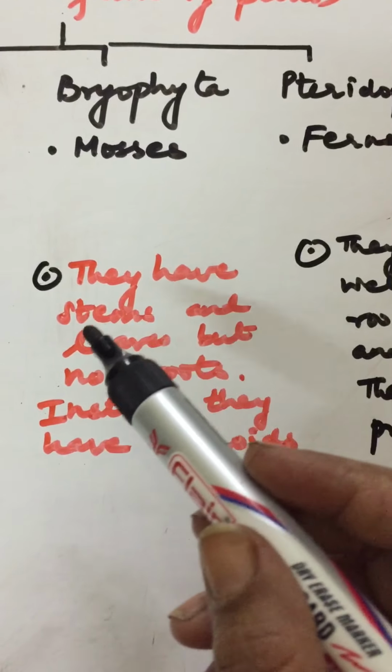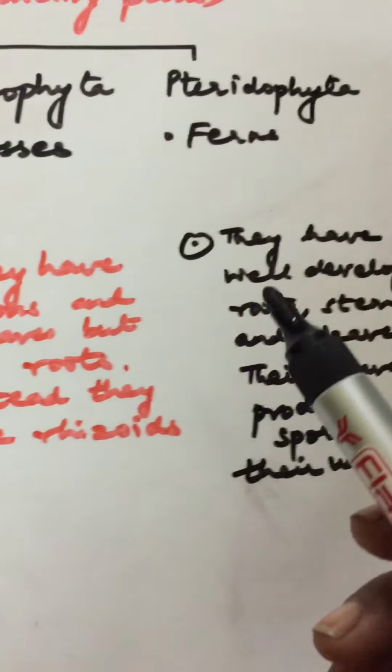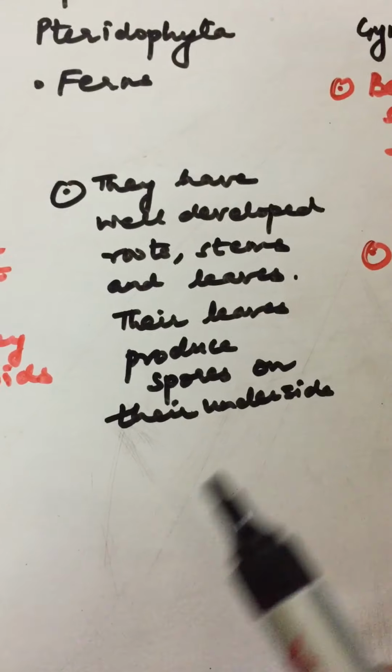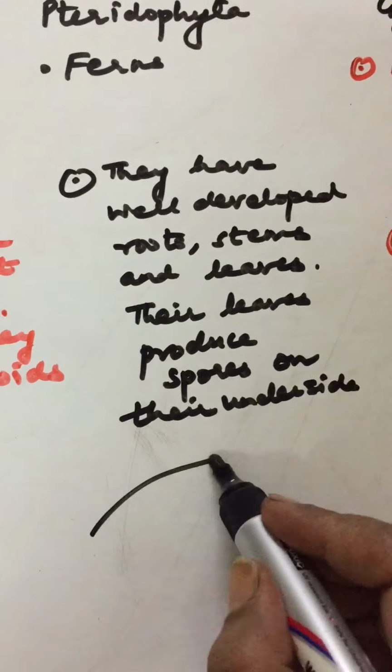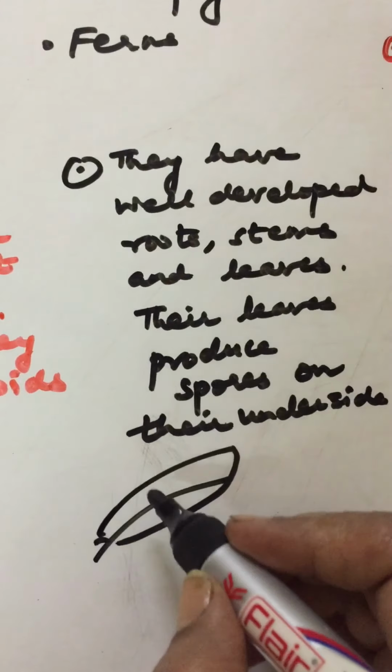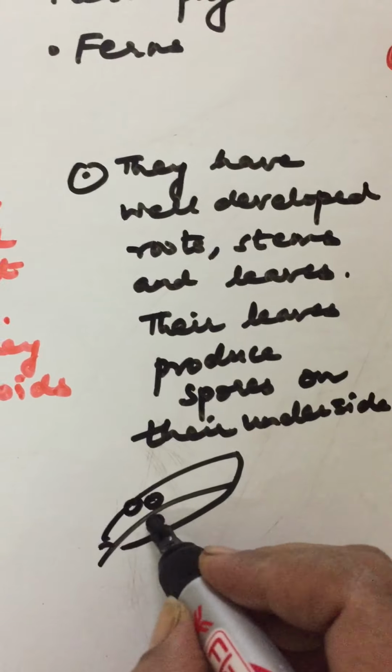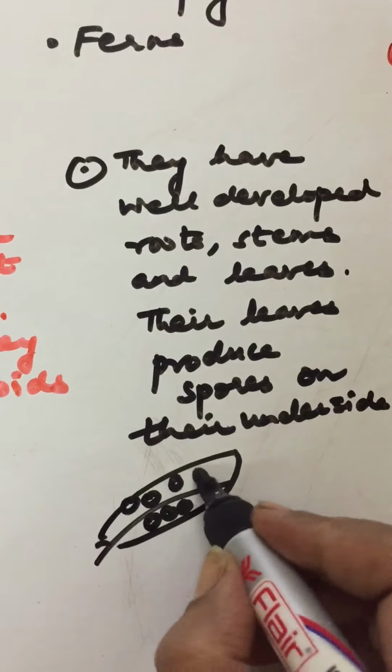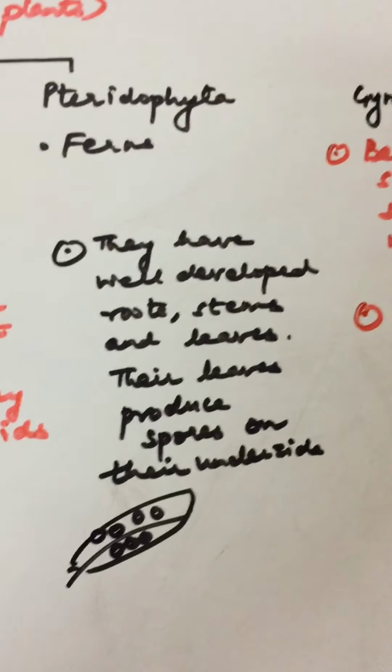Now, Bryophytes had stem and leaves but no roots, but Pteridophytes have well developed roots, stems, and leaves. Their leaves produce spores on their underside. If we take a look on the lower surface of the leaf of Pteridophyta, we find structures like this. These are the spores, and spores help in propagation of the plant.